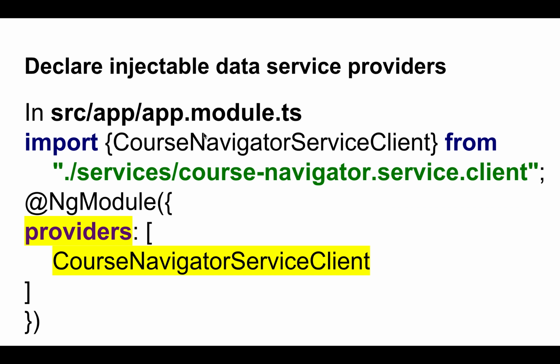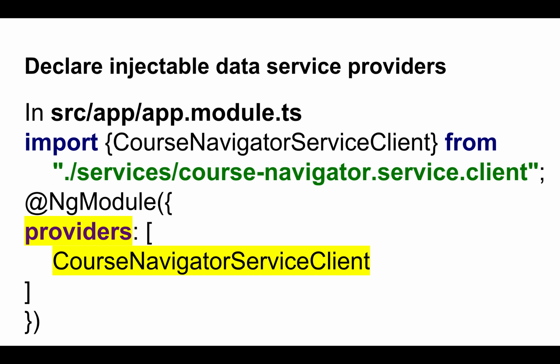So where do we want to use it? First of all, since this is a data provider, it's fetching data. And also, we want to be able to inject it in multiple places. Whoever wants to use this, we would like to be able to use inversion of control to inject it into your constructor. So to do that, we need to declare it as a provider back in app modules.